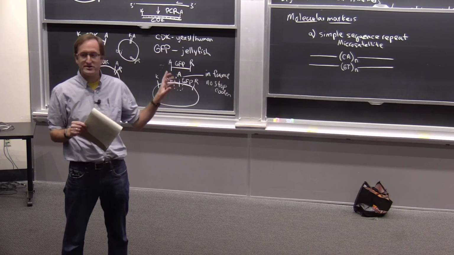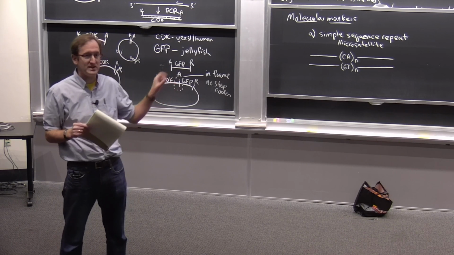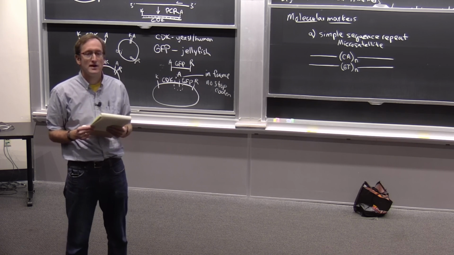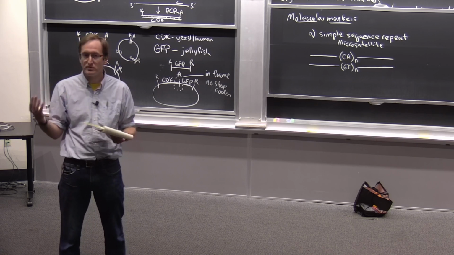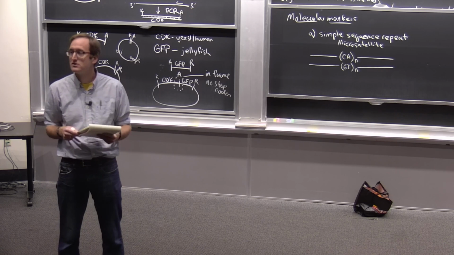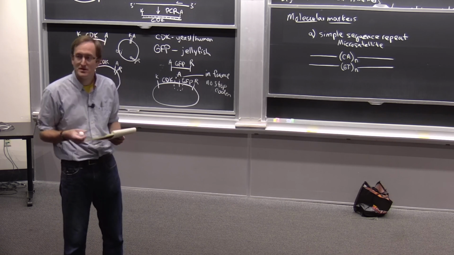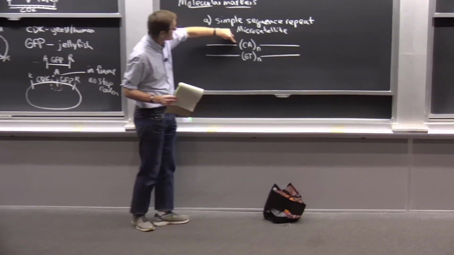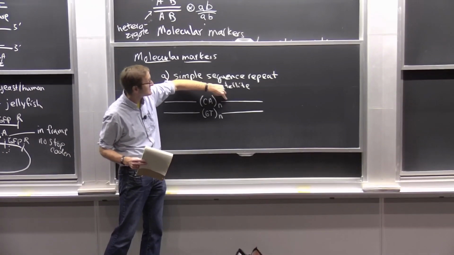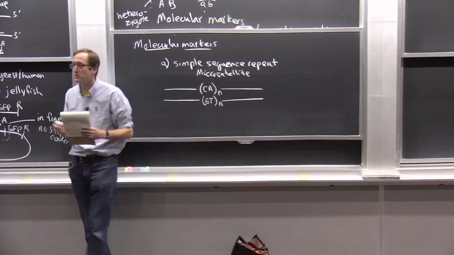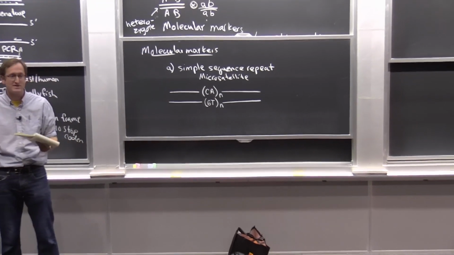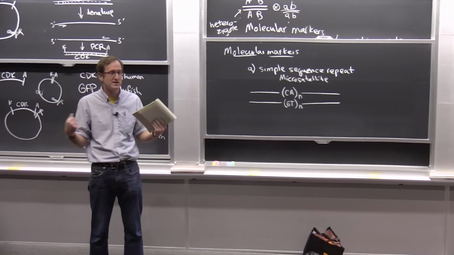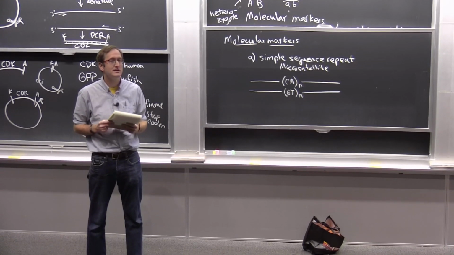So how might you detect the number of repeats that are present here? Anyone have an idea of a tool that we've discussed that could be used here? So one hint that I gave you is that the sequence here is unique and the sequence here is unique. So is there a way we could leverage that unique sequence to determine whether there's a difference in the number of repeats?